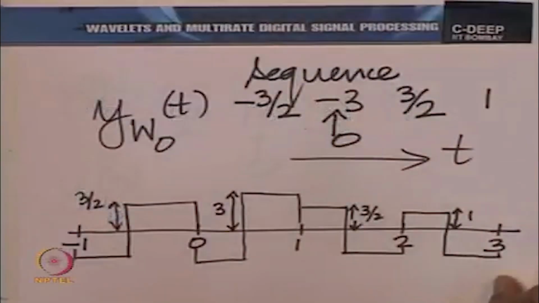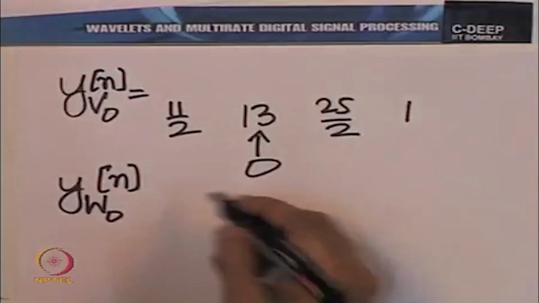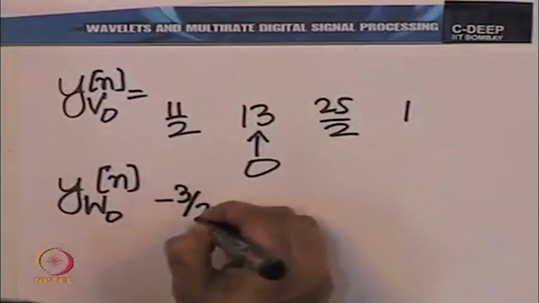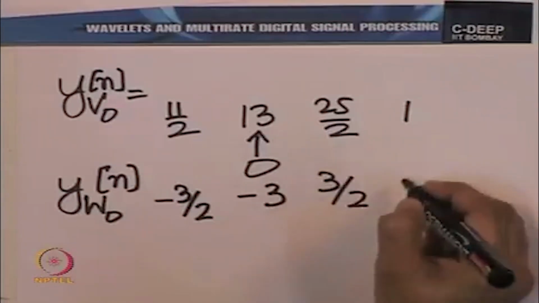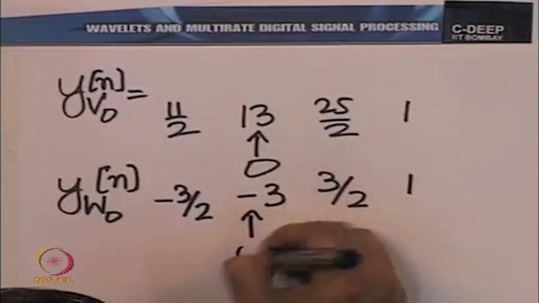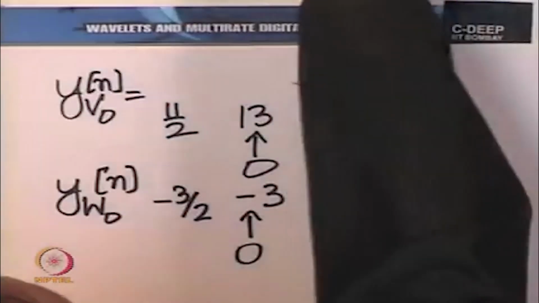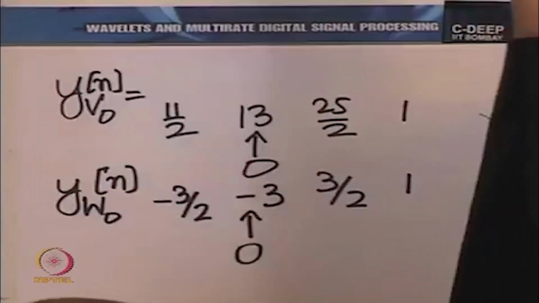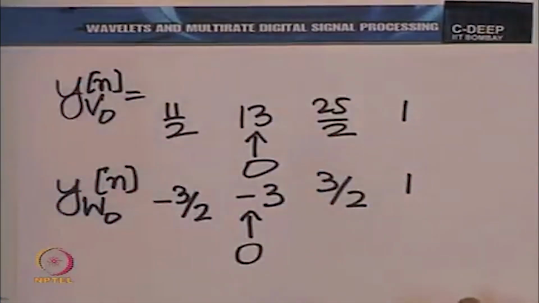I had the sequence for yw0 here, I put it down explicitly. Now, you see what I mean.